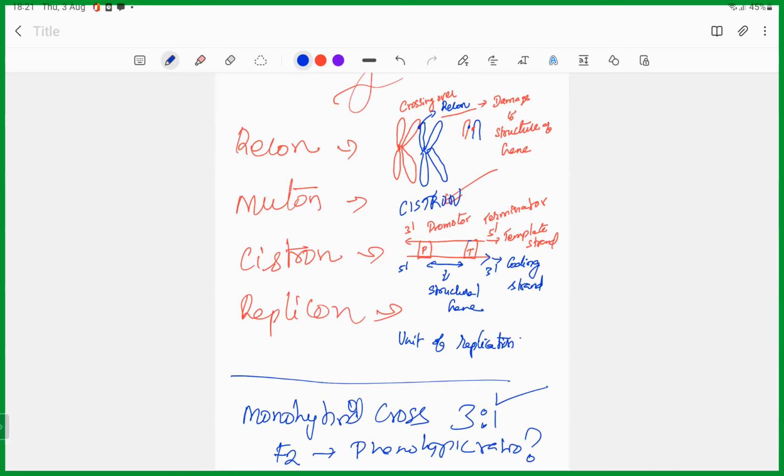For example, TT 1, Tt heterozygous 2, and tt 1. So your ratio is 1:2:1. That's the genotypic ratio.